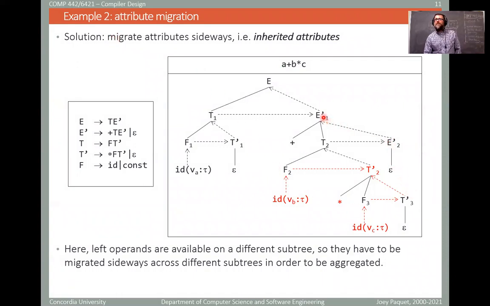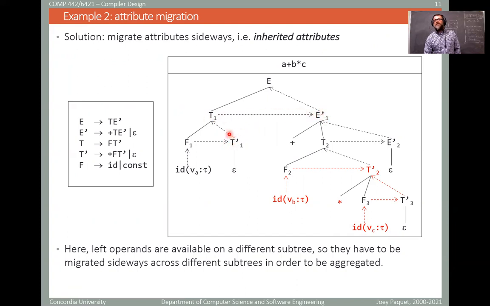Let's take this example here. So this T here is a synthesized attribute of the T as it gets here. So E has a synthesized attribute of the T. It passed this TS onto here, and eventually TS comes back here. But from the perspective of E prime, it's an inherited attribute.